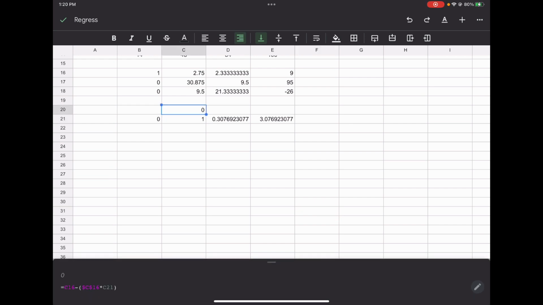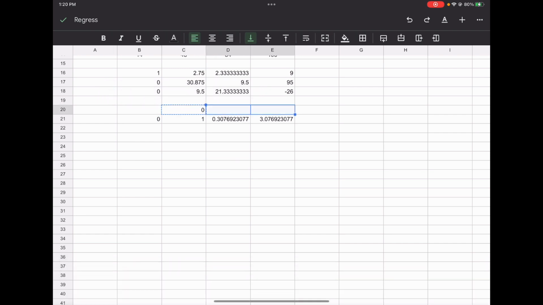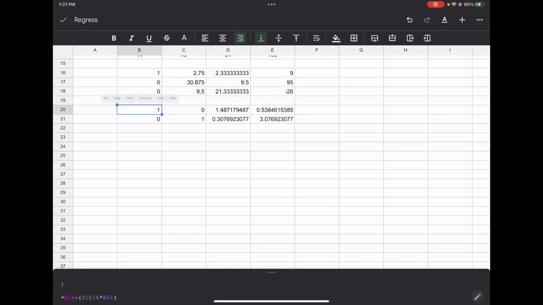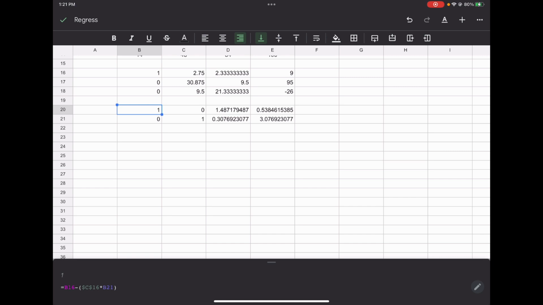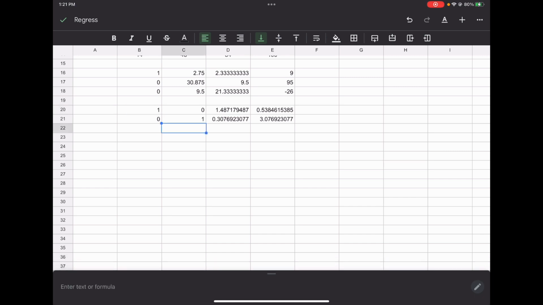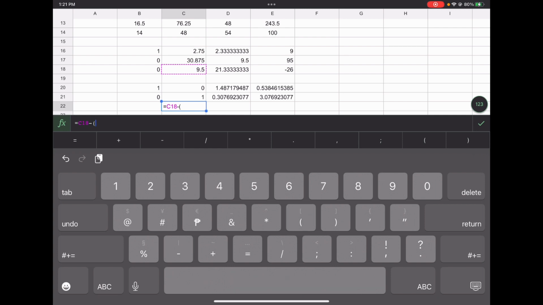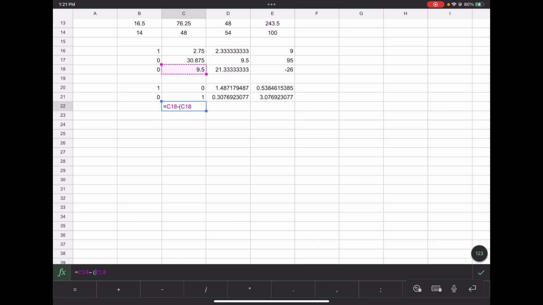Okay, so we're going to do the same thing. For the third row, that will be equal to the third row, minus the same element, but we fix it.